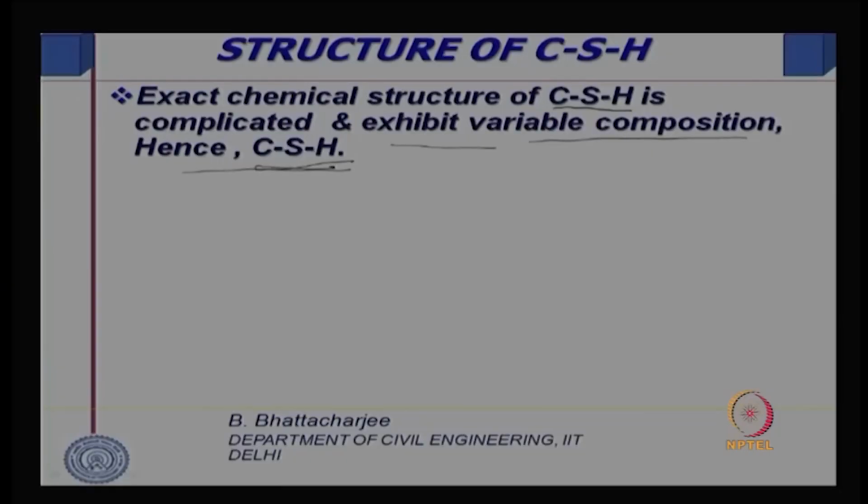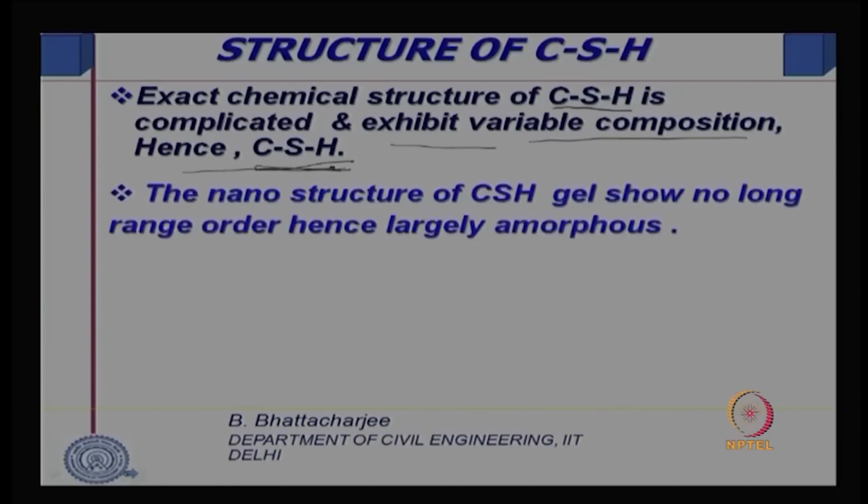So, we generally denote it by CSH. It is not actually crystalline, as we shall see. CSH is not crystalline, and therefore the crystal structure of CSH is not really defined.